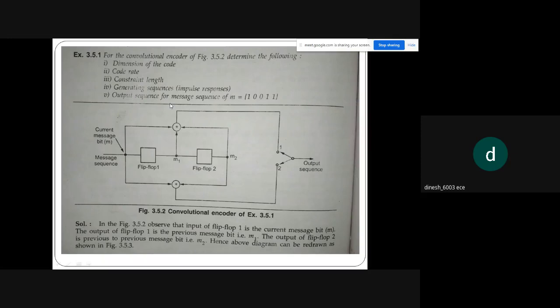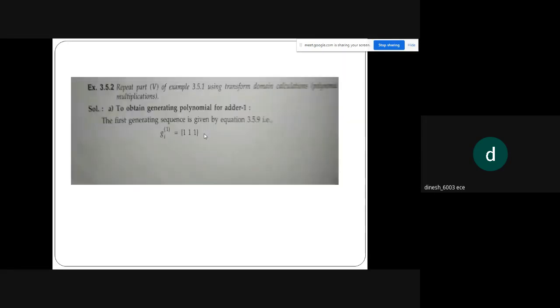So in the fifth part, we are going to analyze this output sequence for message sequence of m is equal to some value. In terms of time domain we had done it now, so in terms of transform domain, we'll do it. Okay. So that is the question. Repeat part 5 of example 3.5.1 using transform domain calculations or polynomial multiplications.